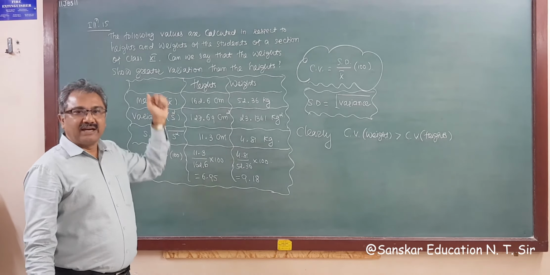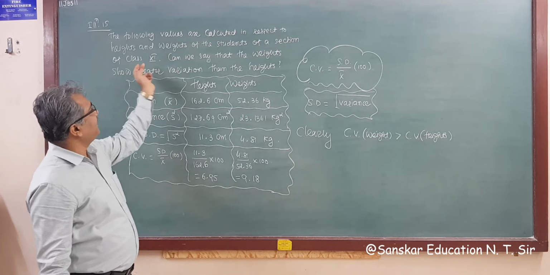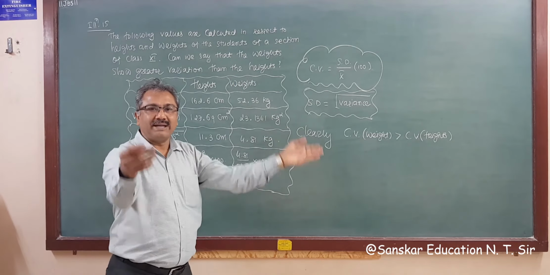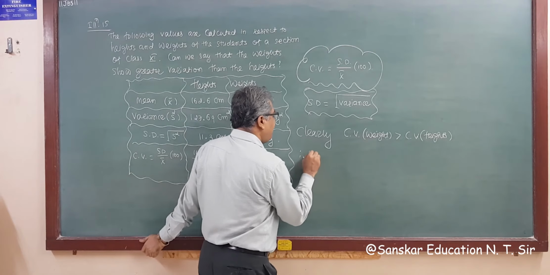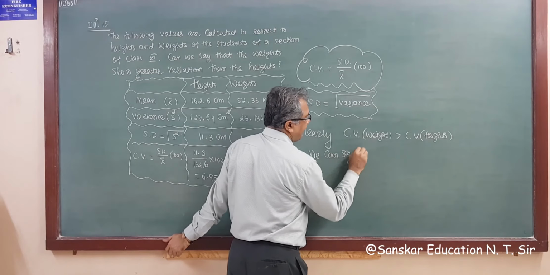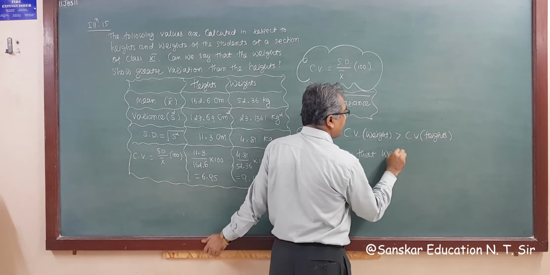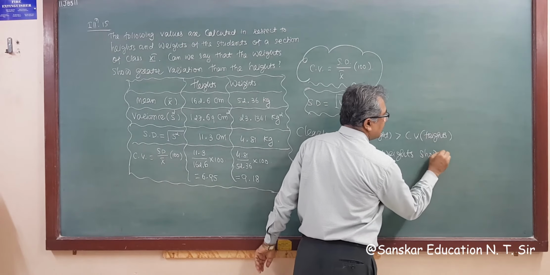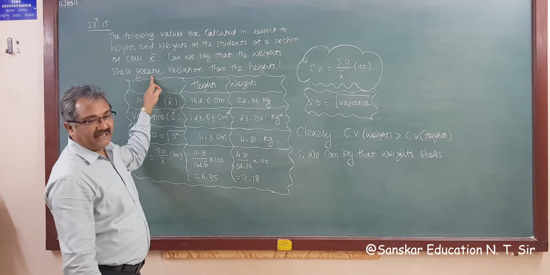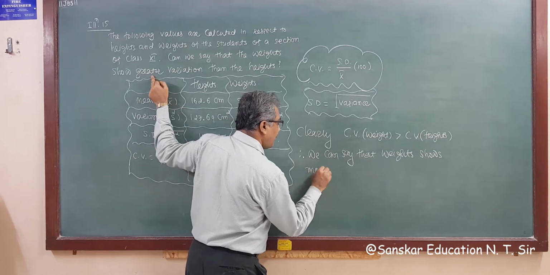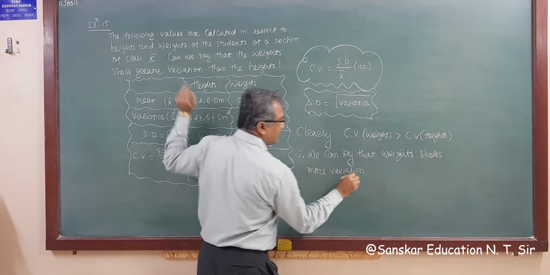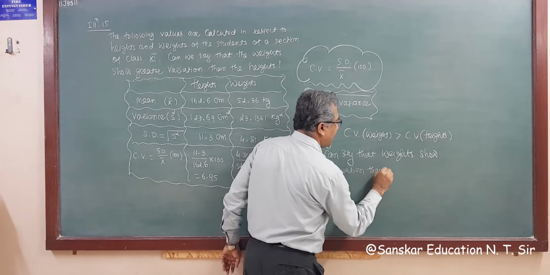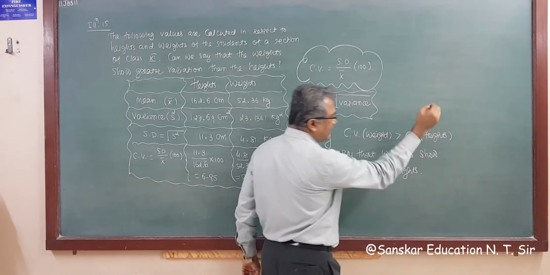Therefore we can say that weight shows greater variation than height, more variation than height. Okay, so this is your answer.